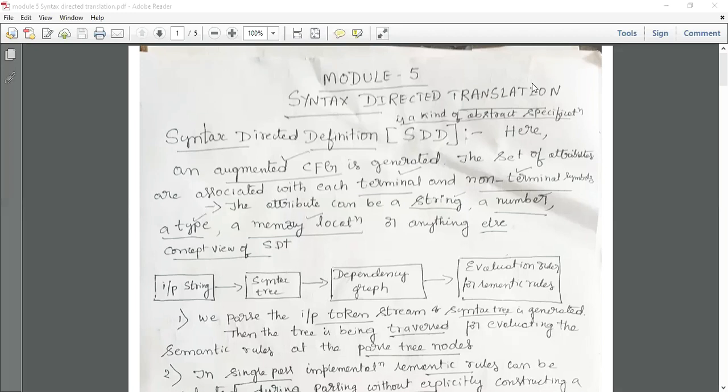So this is syntax directed translation. Already we know the various phases of compilers: lexical analysis, syntax analysis, and then semantic analysis. The lexical part has already been discussed, and the syntactic part has also been discussed. Next we come to the semantic part.